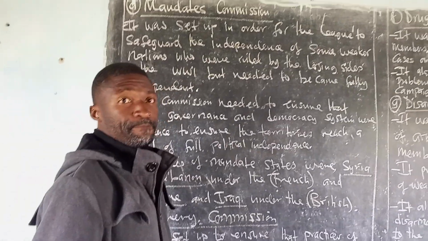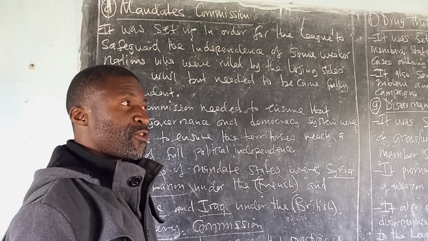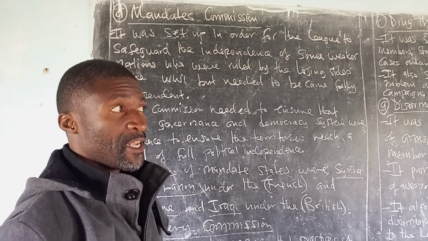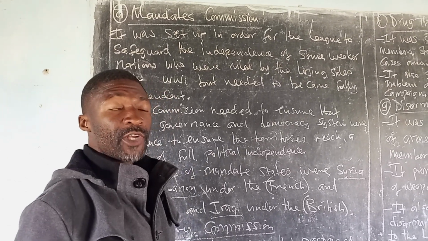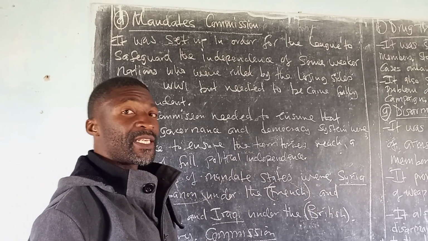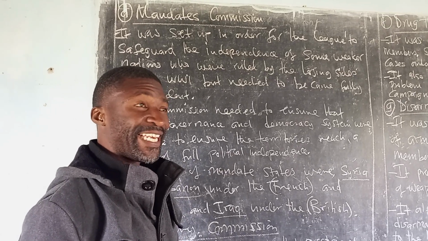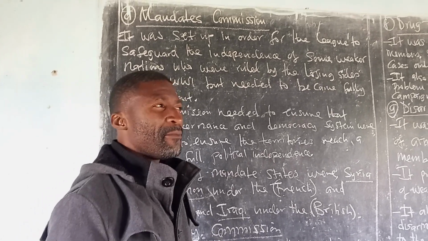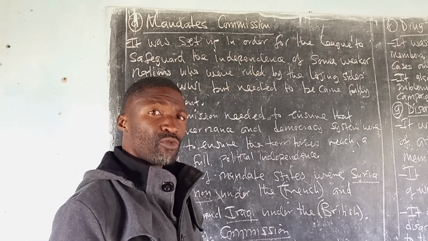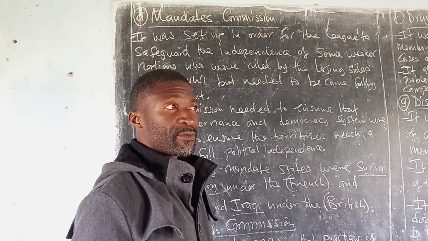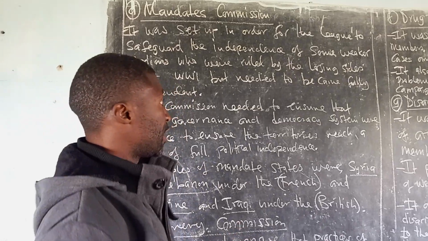The Mandate Commission was set up by the League to ensure that those territories or states that were once ruled by the losing side, for example the Austria-Hungarian Empire, the Turkish Empire and the like, were helped to attain their full political independence. But because they were weak, the League of Nations had to facilitate their smooth transition into politically independent nations.